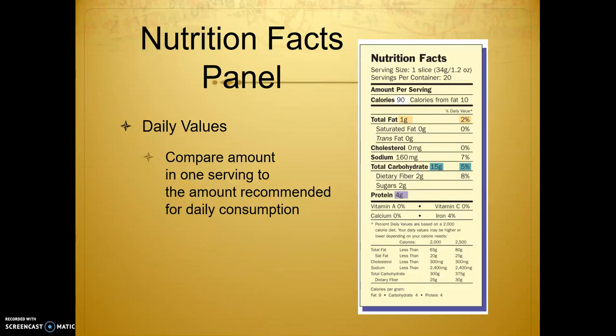While it has to be large, you don't have to go super large with it. It just has to be bigger than an 8-point font and bigger than the rest of the font used in the panel. Let's take a look at the required nutrients that we have here.